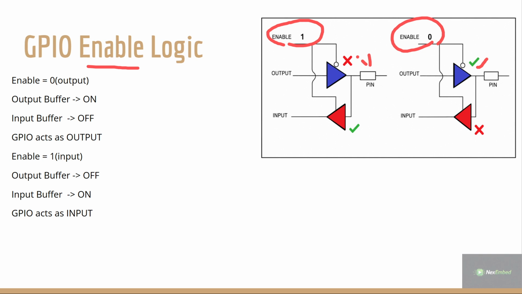If my enable value is 0, at that time my pin will act as an output pin, because in this case my output buffer is active. So how is the particular pin configured as input and output? Internally it has the output buffer and input buffer, and the selection is made by using the enable line. Hope it is clear right now.